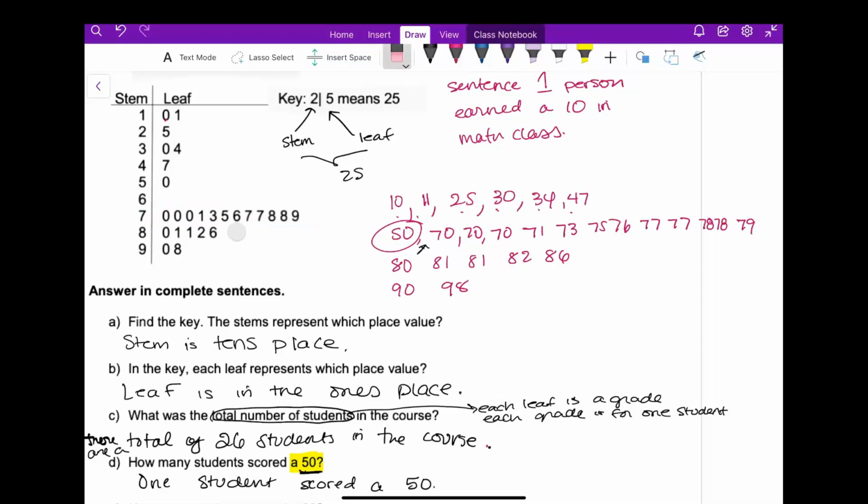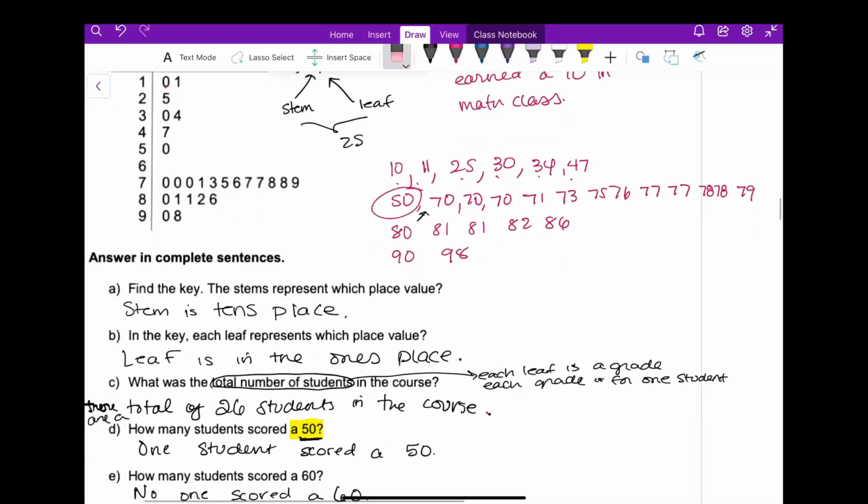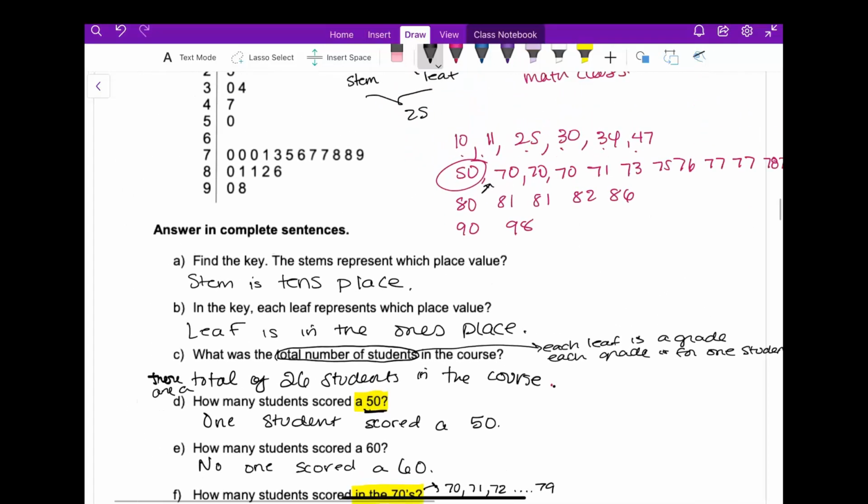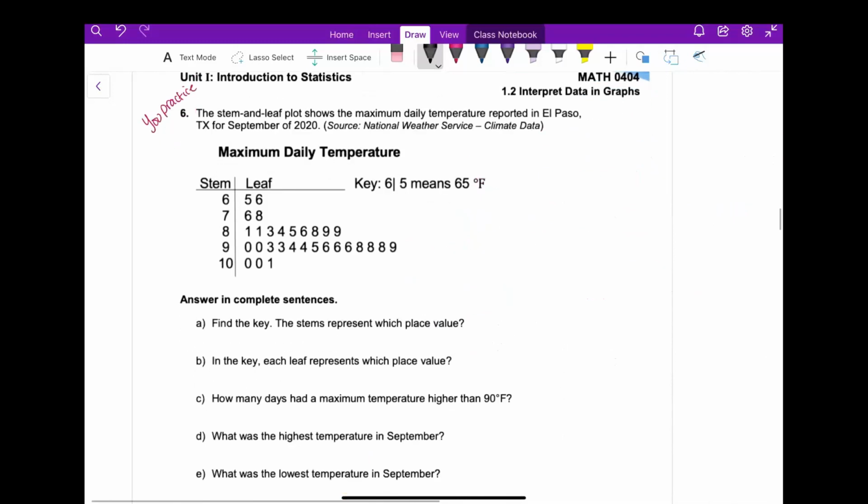Most students scored in the 70s, and I think that's a really important fact. Whenever you want to analyze data, or you're the one being explained something, I want to know what's happening to most people. So those are big ideas. I hope you can come up with your own big ideas. Like always, I do one and you try one. So you try on this one.